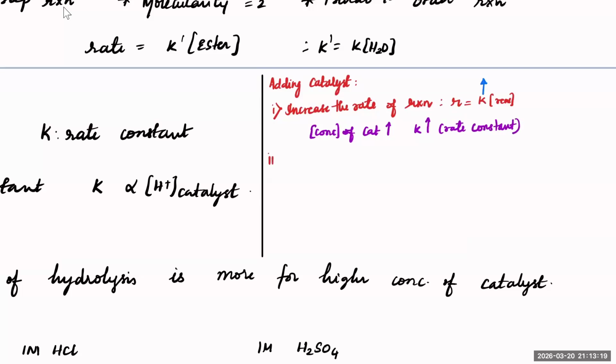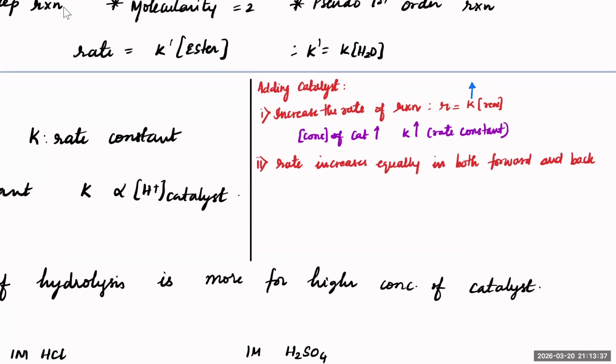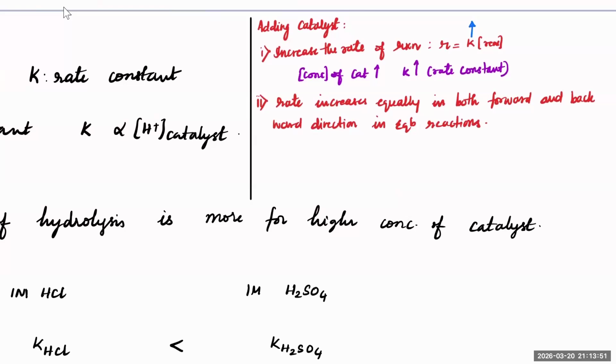Second thing, the rate constant increases equally in both forward and backward directions in equilibrium reactions. So the rate constant in the forward direction as well as the rate constant in the backward direction increase, but in equal magnitude.